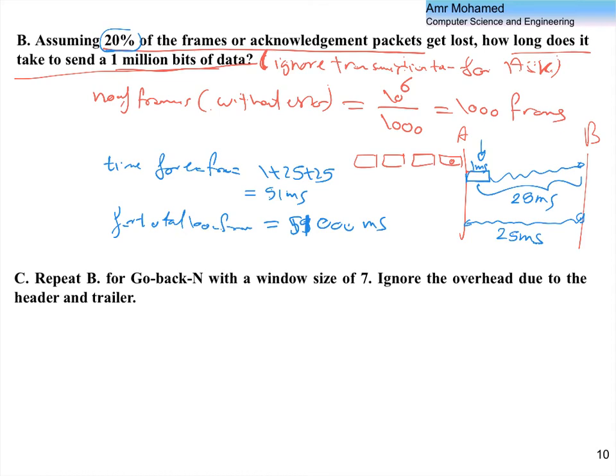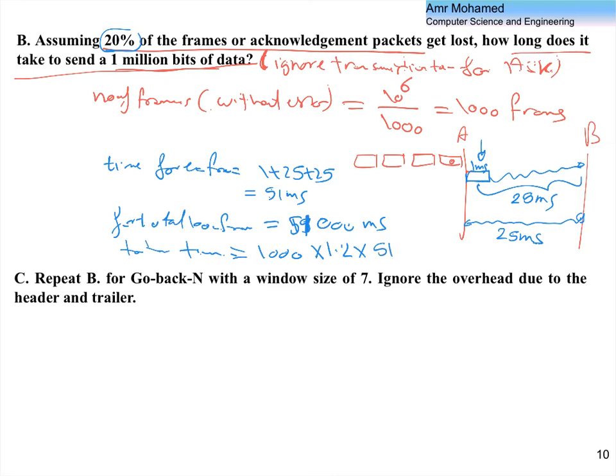So the actual number of frames that you are going to send is more than 1,000. Another 20% of these frames you have to retransmit. So the total time equals the 1,000 frames, multiplied by 1.2, multiplied by the 51 milliseconds.